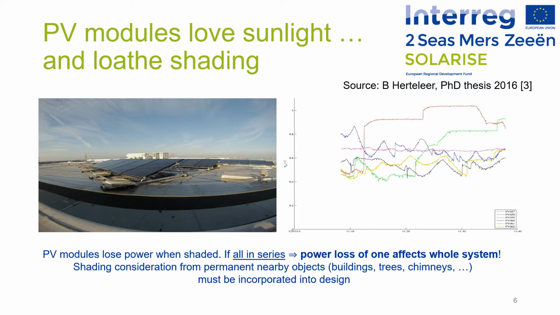And if you then connect multiple modules in series, which is the standard situation for photovoltaic systems to achieve a higher voltage and less energy losses, if one of those modules is then shaded, it affects the whole system. And so the shading consideration from permanent nearby objects, such as buildings or trees or chimneys, must be incorporated into the design.